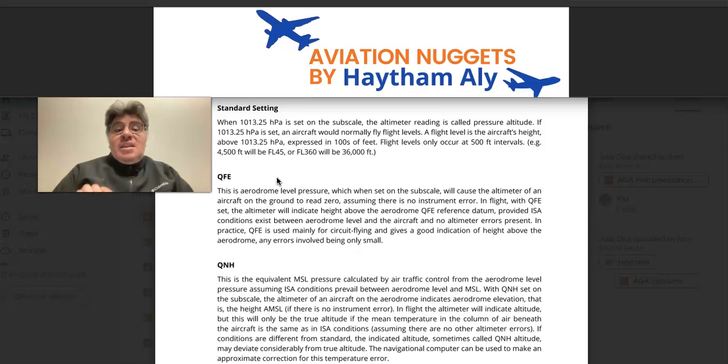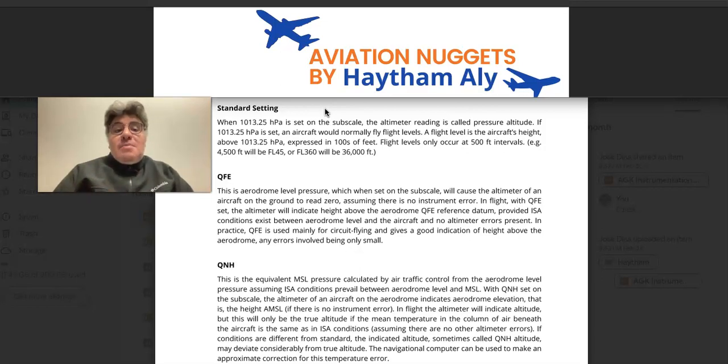And if the altimeter pressure setting is standard setting, which is 1013, the altimeter will show us pressure altitude, or what is called the flight level.